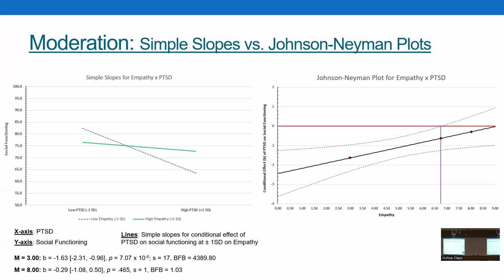And so what I can say based on my Johnson-Neyman is that it looks like PTSD holds a negative association, a decreasing negative association with interpersonal functioning from minimum levels of empathy to a value on this scale of about 6.75 or something like that, right?